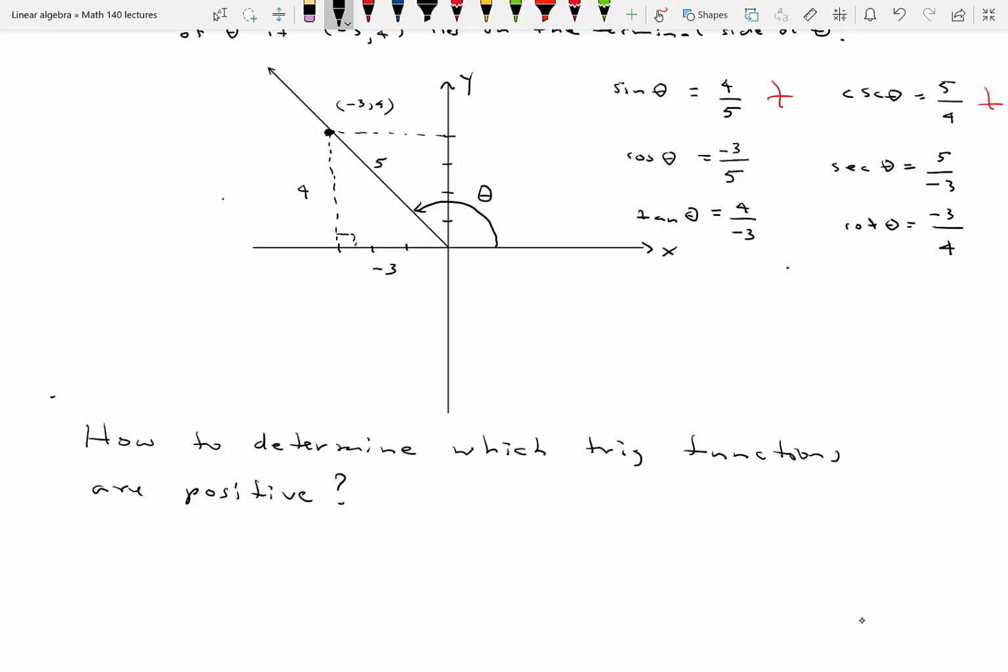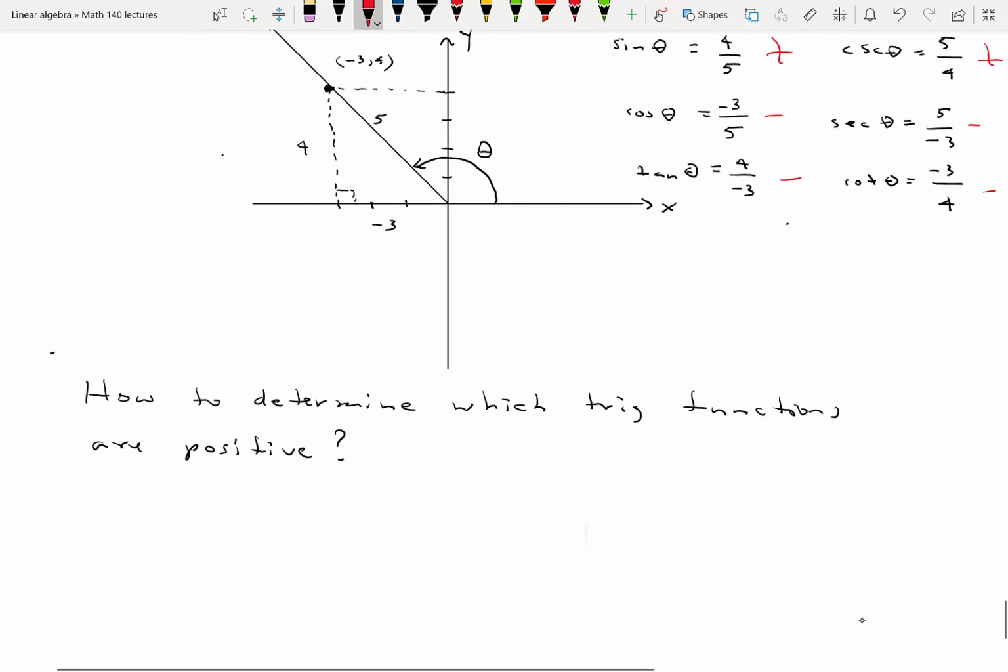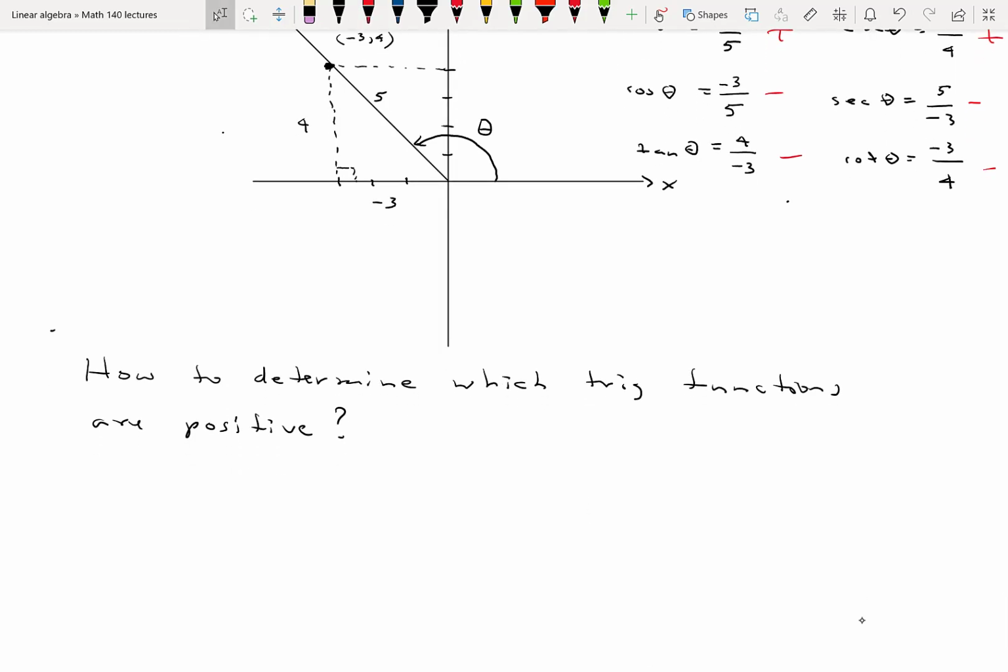The question was, how do we determine whether the trig functions are positive or negative? Well, if I determine that in quadrant 2 the only trig functions that are positive are sine and cosecant, then the rest of them have to be negative. So I only need a device to determine, in a given quadrant, which trig functions are positive.